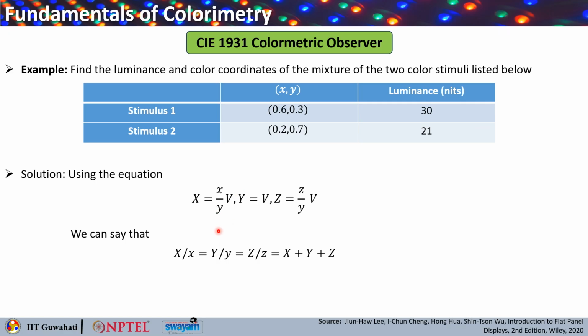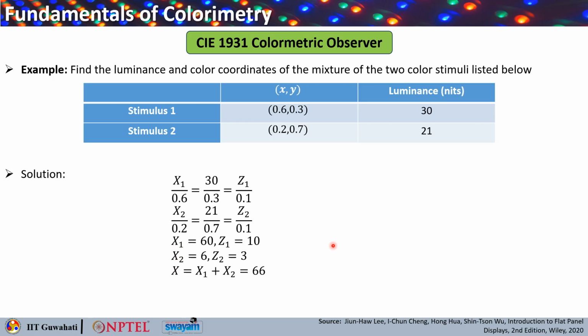The same with capital Y by small y, you again get V by y. Capital Z by small z also gives V by y. So, these three become the same, and this is equal to X plus Y plus Z.